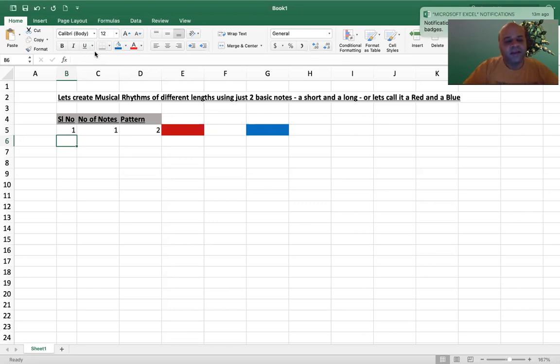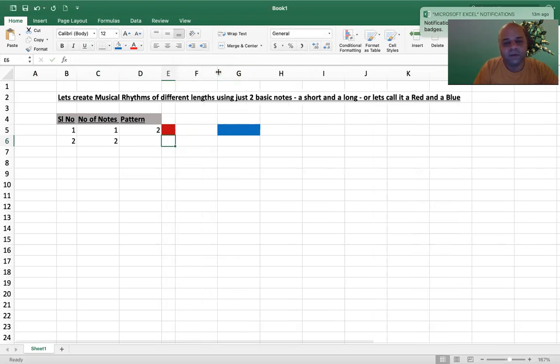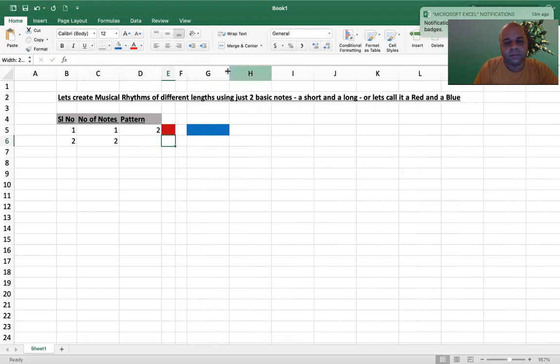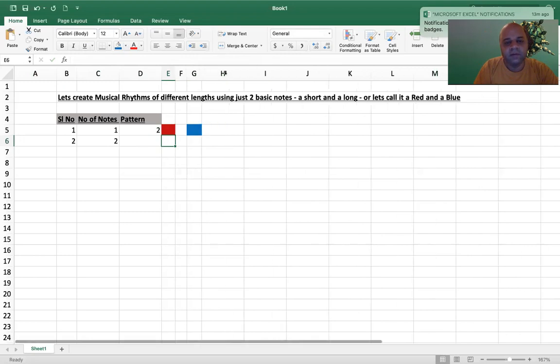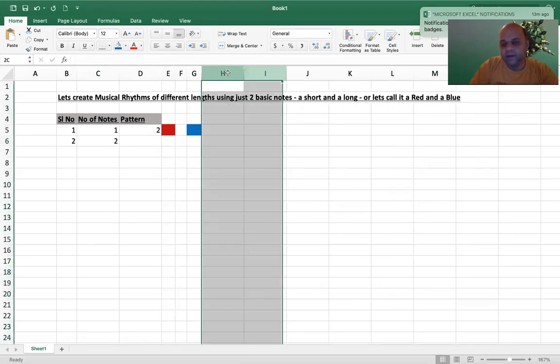Next he said, now I'm creating a pattern in which I'm combining two of these notes. So the total notes allowed is two. How can I get it?